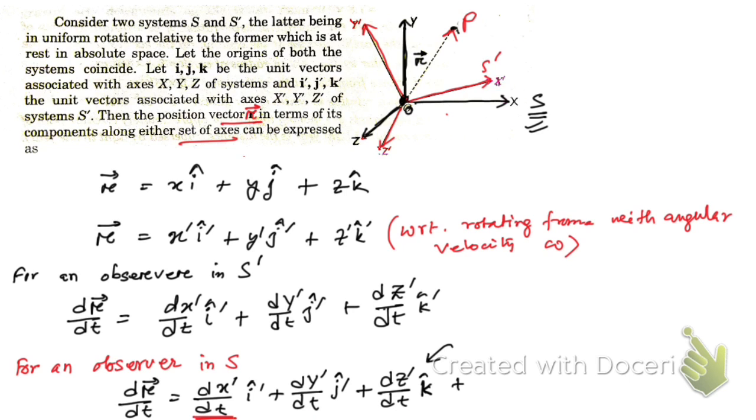And now you see, in addition to this, the frame S dash is rotating with respect to S. Now you see, these are the two frames, suppose.